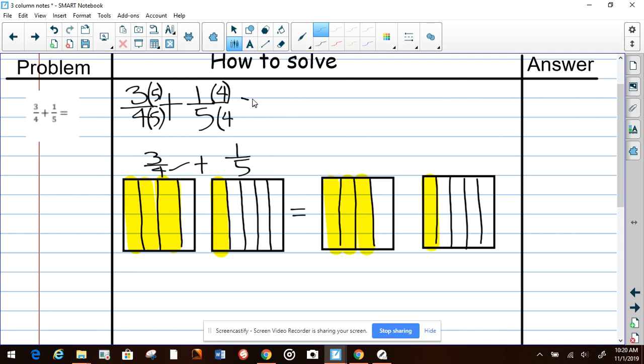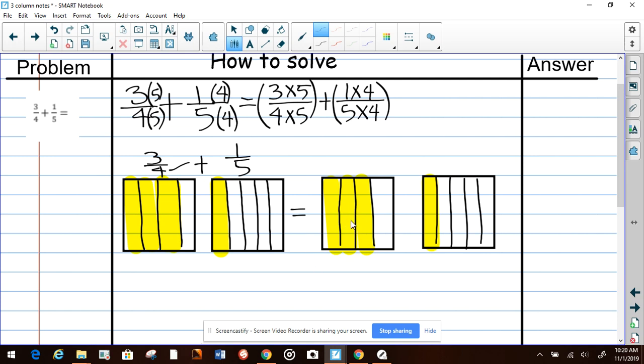So let me rewrite that. That's going to be 3 times 5 on the numerator for this fraction, and 4 times 5 for the denominator. So there is our first solution. The second one is going to be 1 times 4 over 5 times 4. This is our second fraction. Now let's show that on this picture.